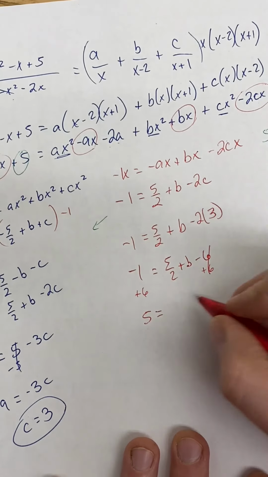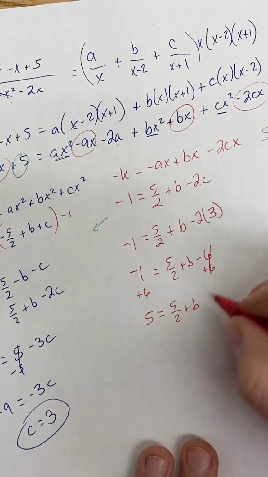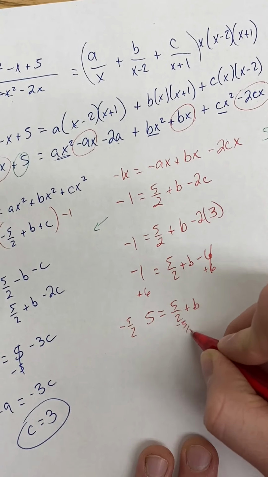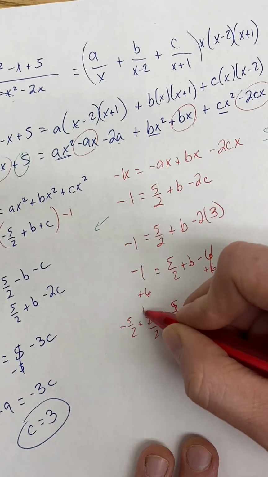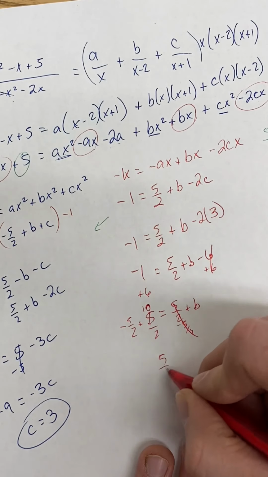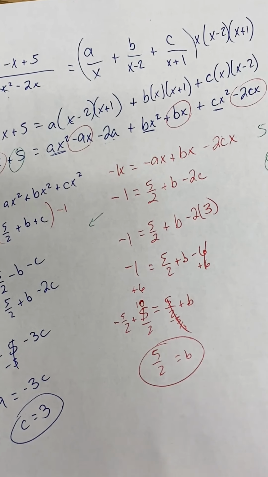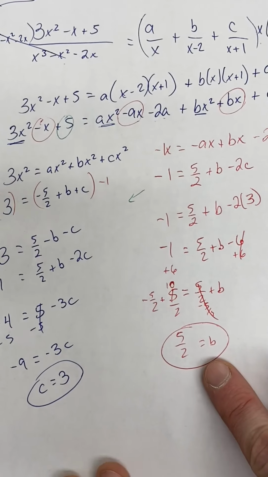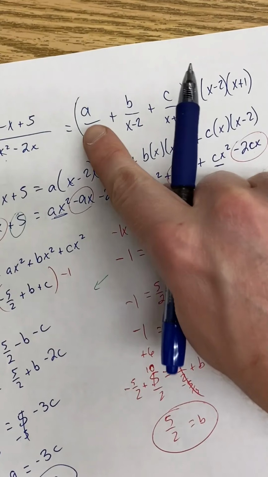You can do whatever you want there. So 5 halves plus b. I still got to deal with that fraction though, so it really didn't help me a whole lot. Subtract 5 halves from both sides, and that's going to make this 10 halves. So 5 halves would be b. All right, so we do have a couple fractions in this. That's kind of new. A was negative 5 halves. B is positive 5 halves. C is 3.